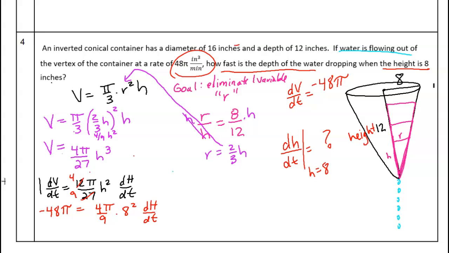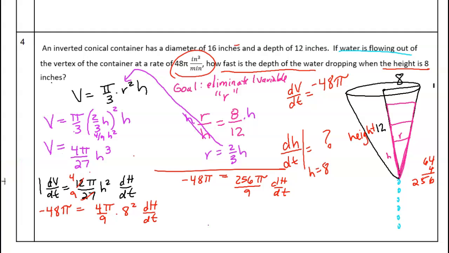Okay, so now I just do a lot of cleaning up. We get negative 48 pi. Let's see, nothing will reduce with that. So what do we get? 64 times 4. So 256 pi over 9 dH dt.